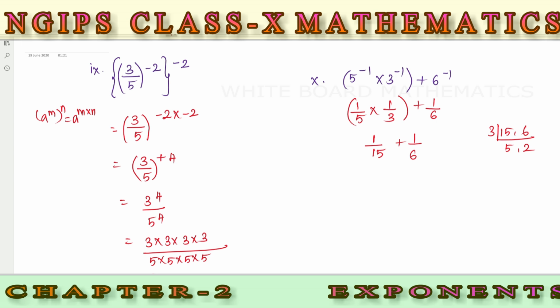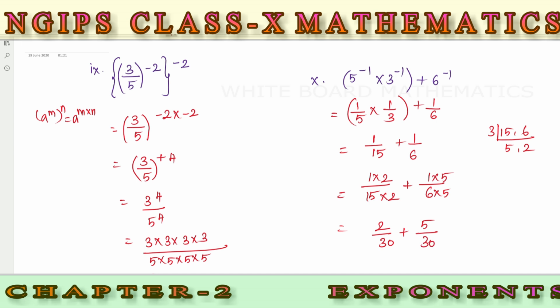So 15 you need to multiply by 2 to get 30. So 1 into 2 divided by 15 into 2, plus 1 by 6 into 5, we need to multiply both numerator and denominator, which gives us 30 in the denominator. So 2 divided by 30 plus 5 divided by 30.